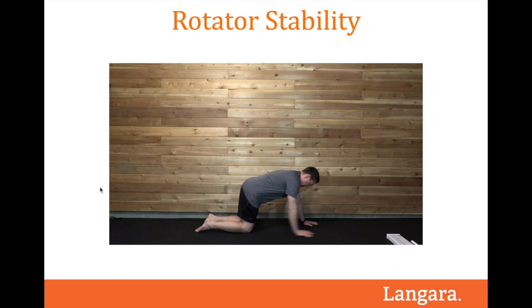Then extend that same side leg backwards and arm forward, fully extending the knee and the elbow. Finally, reach back to touch the ankle with the hand again, and then return to the starting position. Perform this pattern while keeping the arm and leg moving within the board. So that is what the rotary stability verbal instructions are.